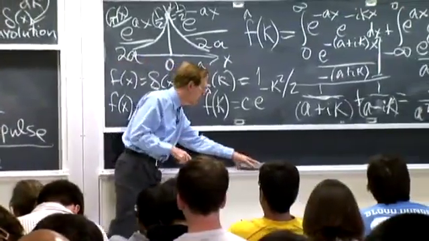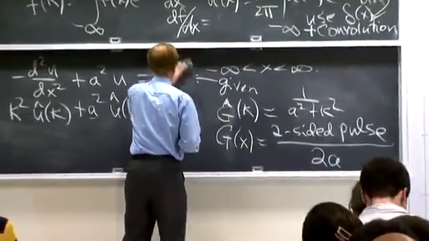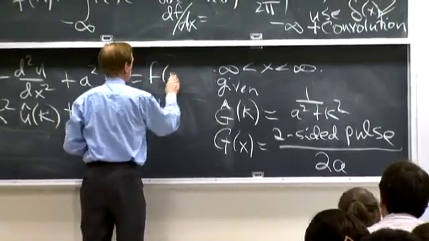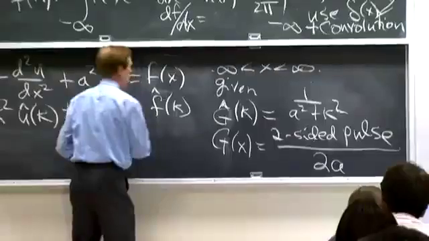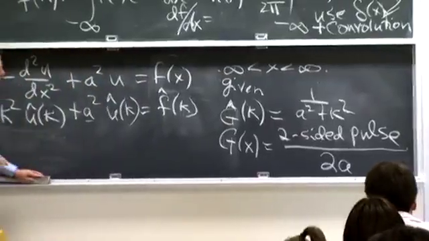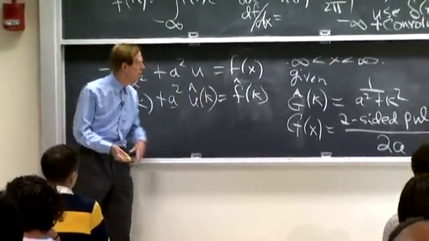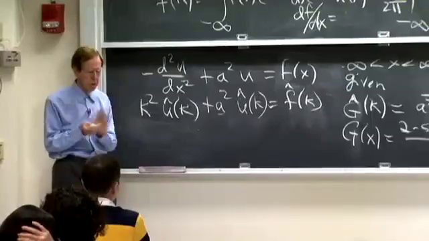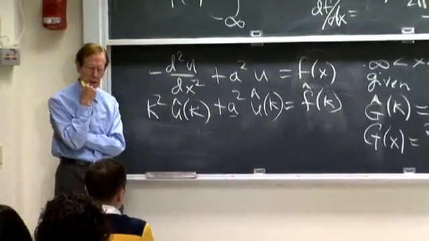So let me go back to an f of x on the right. And then there's an f hat of k after the transform. How can I use the Green's function for a general source, a general source term, a general load? This is a fundamental idea.